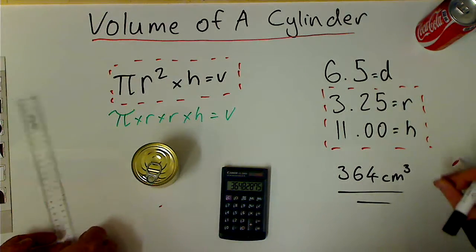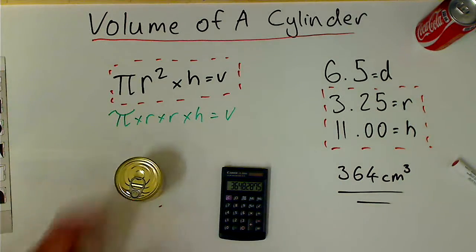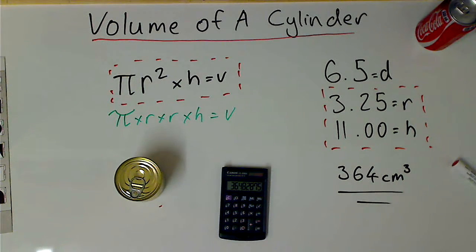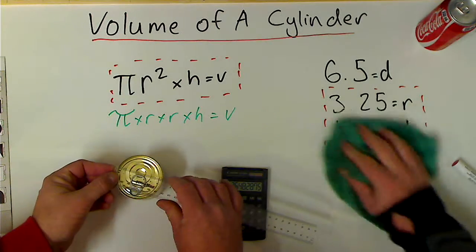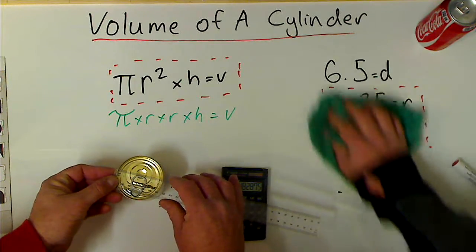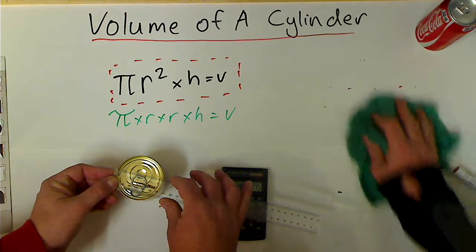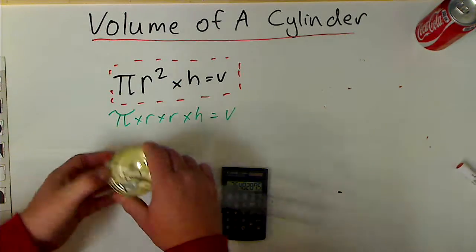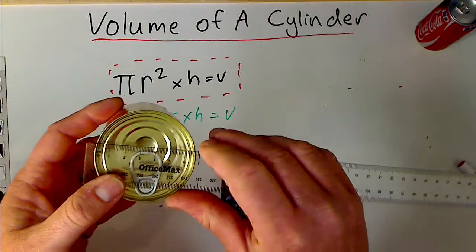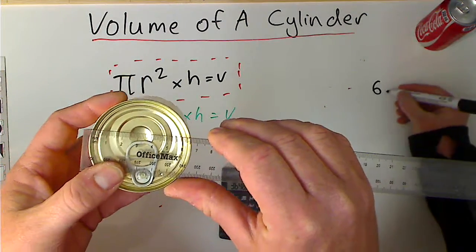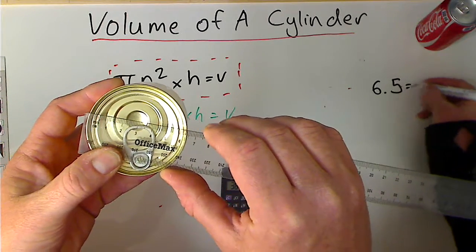Okay, here we go. The diameter is across the centre. We'll go with 6.5, so our diameter D is 6.5.